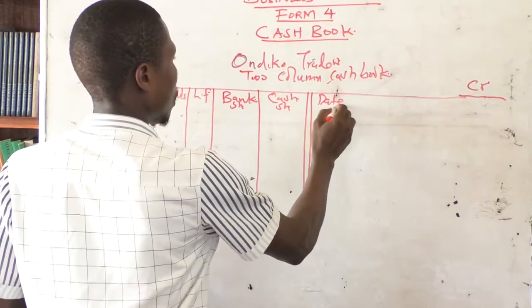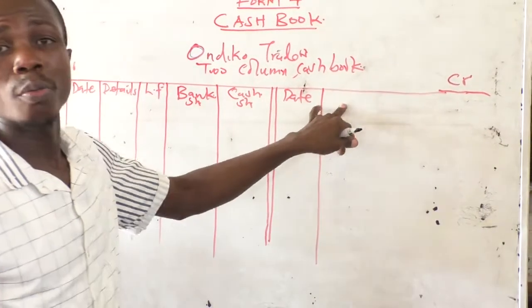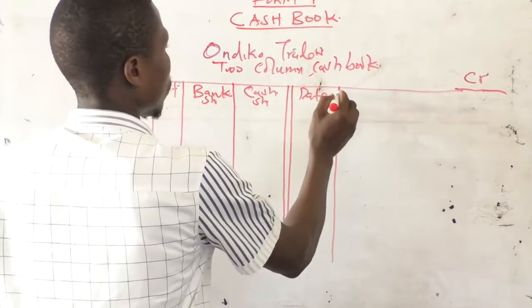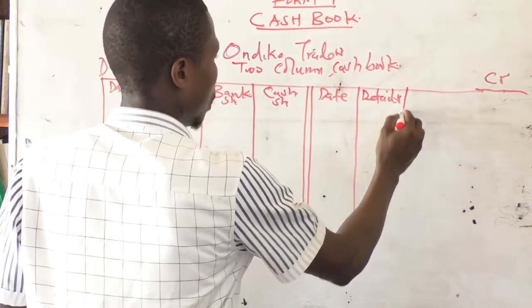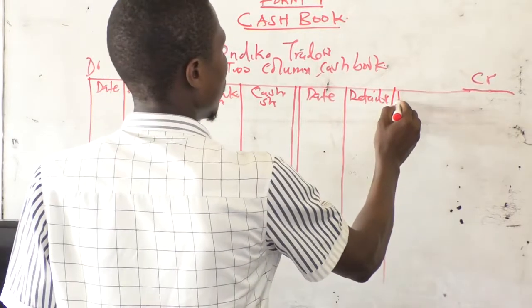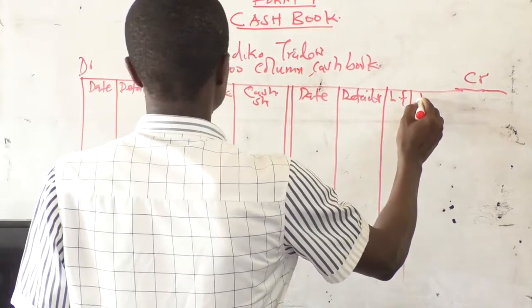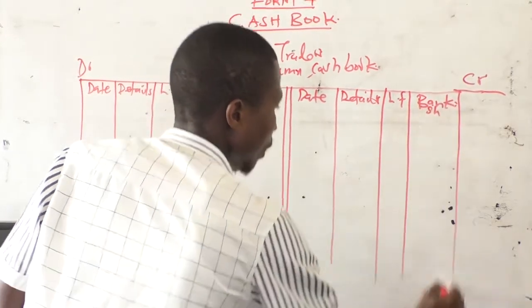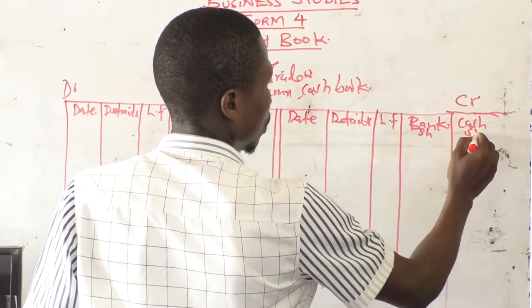Date. Sometimes you may say details, or particulars, which is still okay in accounting terms. Details, then ledger folio, then bank, so cash at bank, then cash in hand.